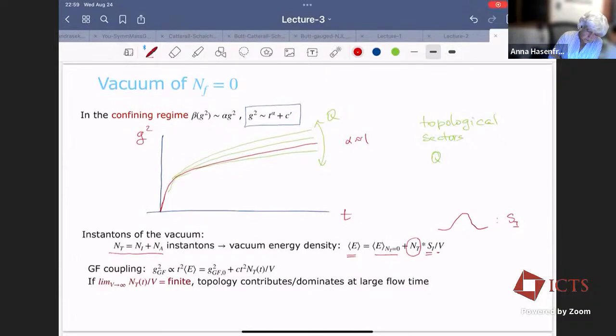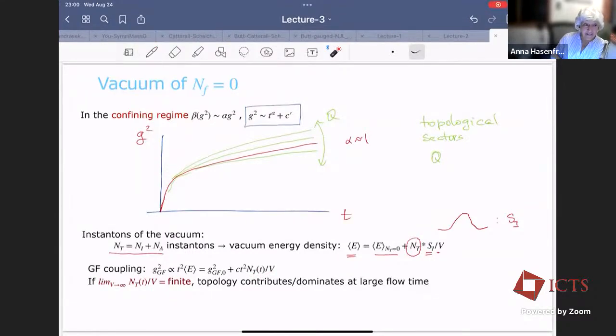Now the gradient flow coupling is t squared E. So let's multiply this expression by t squared. What do I get? The gradient flow coupling without topology plus a term that is t squared times the number of topological objects divided by the volume.